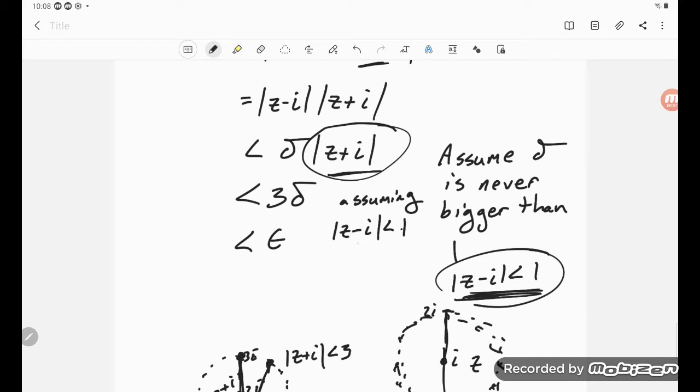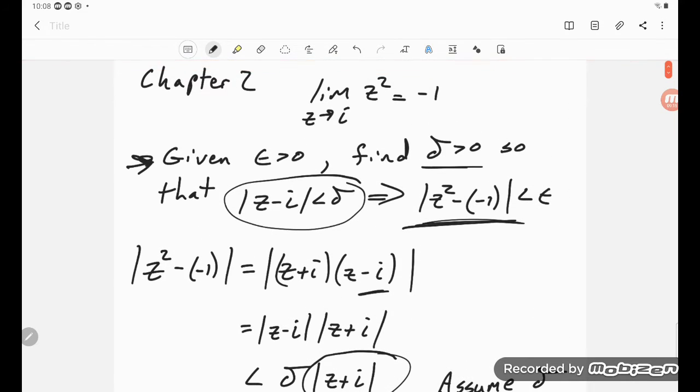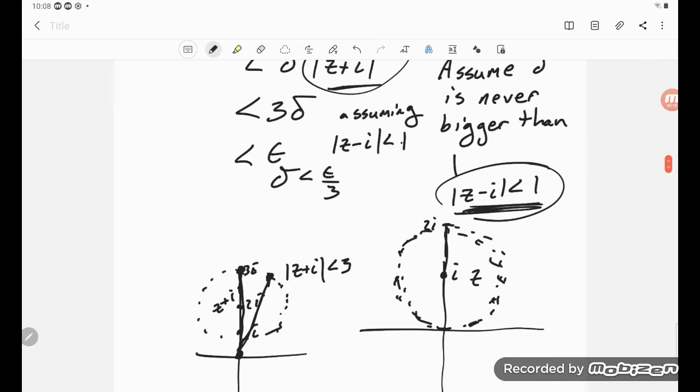And so I need then that delta better also be less than epsilon over 3. So I divided through by the 3, just like I had done with the 2z case.